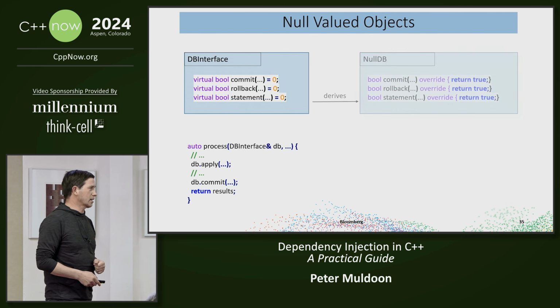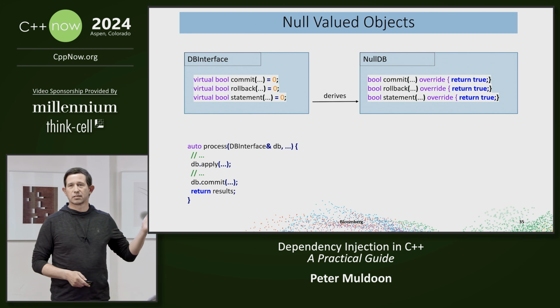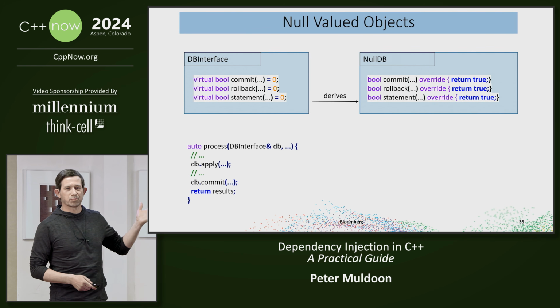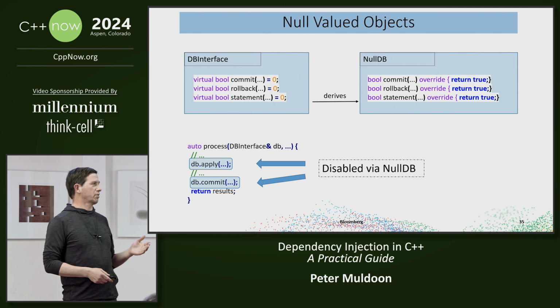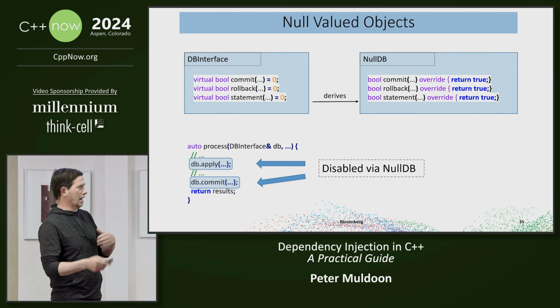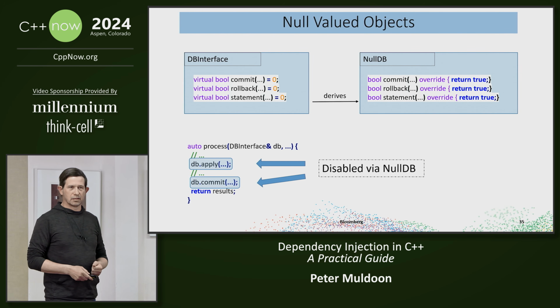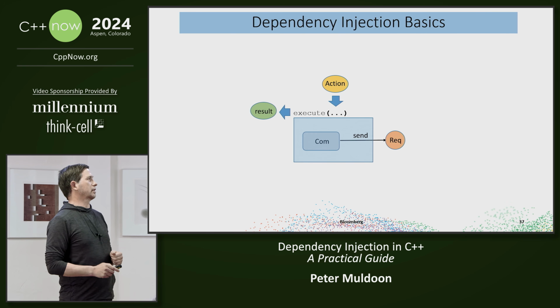And here is the process. So all I'm going to do is derive a null DB, which just fulfills the type requirements. But now when I'm testing this process function, I don't have to worry about any of the database stuff because I just want to focus on maybe some calculations that are going on in there. All right? And that's null-valued objects.